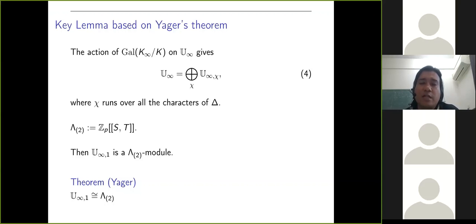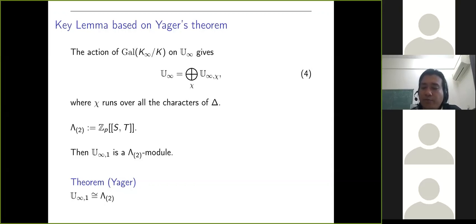Then this module decomposes into eigen-components, and Yager showed that the trivial eigen-component is isomorphic to Lambda 2 itself, which is this Iwasawa algebra in two variables.